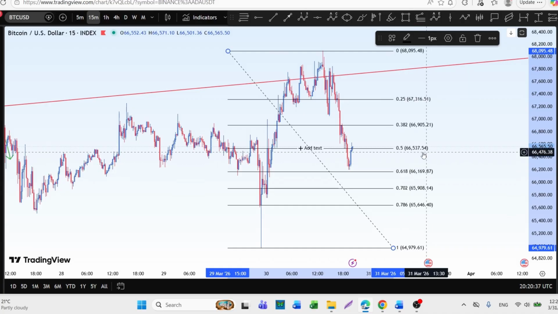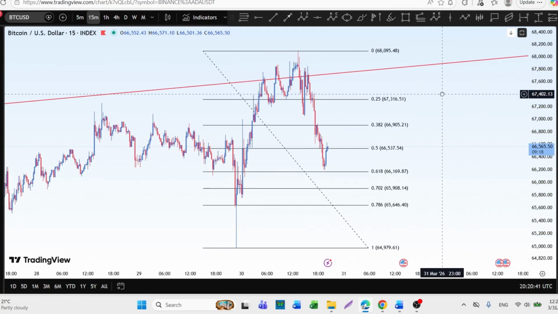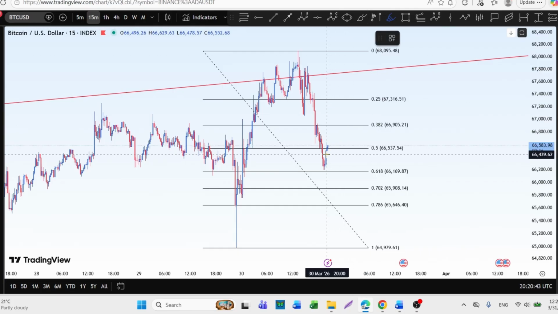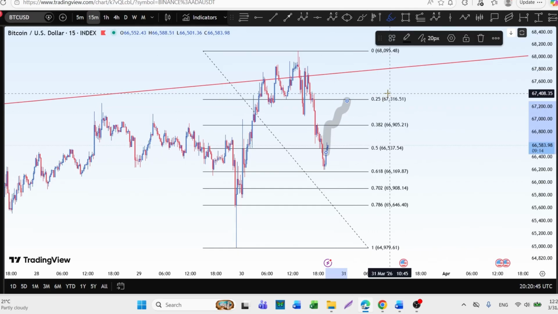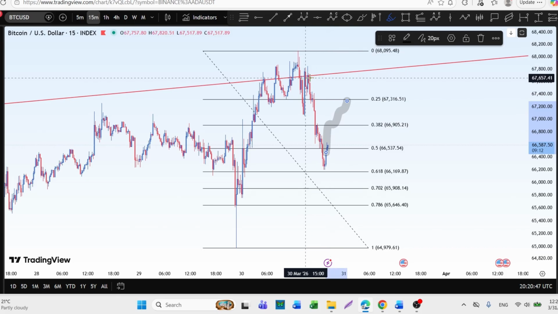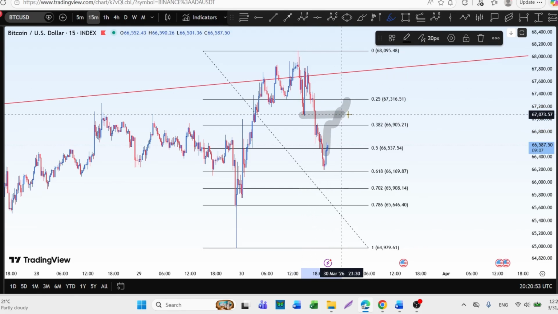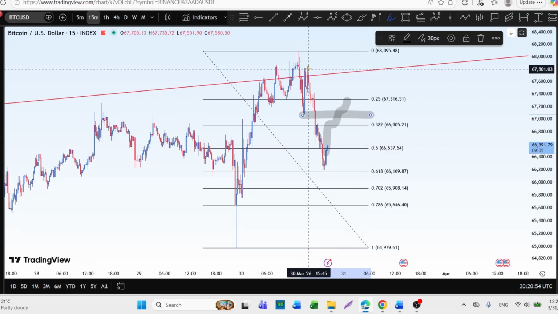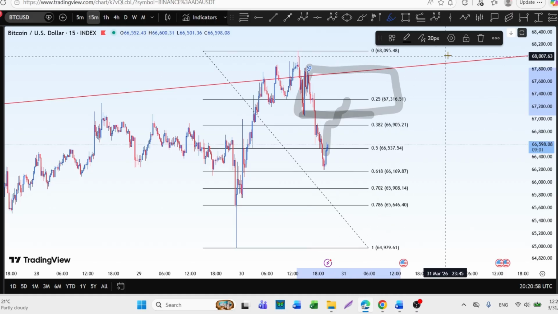On some exchanges we actually hit this golden ratio. Then what usually happens is we get another stop, and probably we are going to get as high as these levels at 67k, and you will have all this as resistance, plus the trend line.